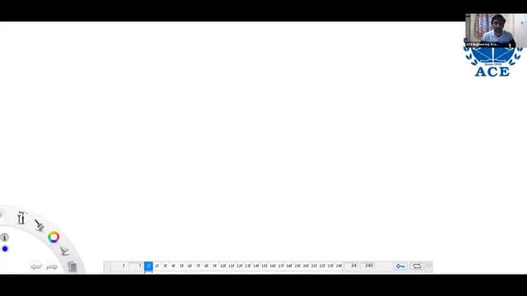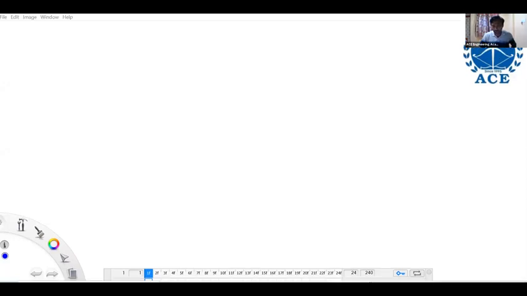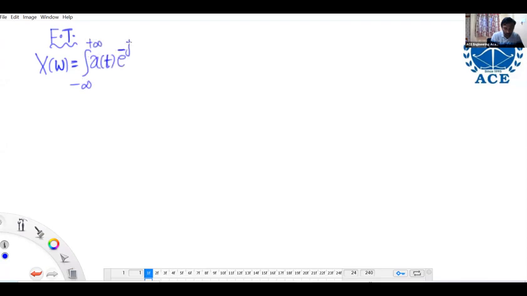Okay, let us start the concepts. Yesterday, we started Fourier transform topic. The definition of Fourier transform we selected as capital X of omega equals integral x of t e power minus j omega t dt.